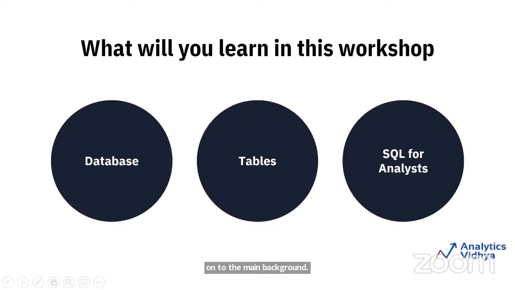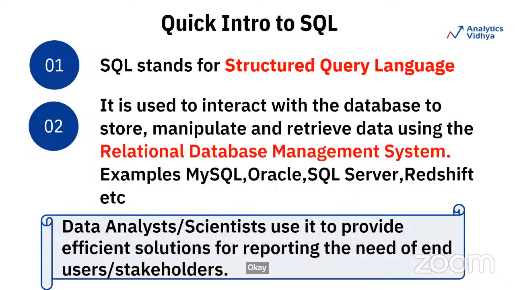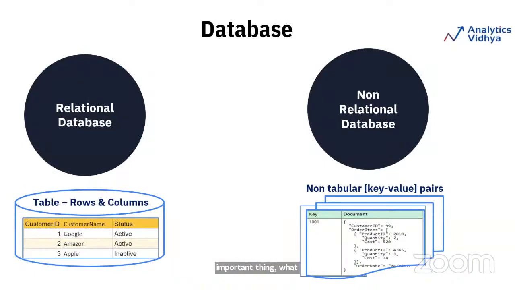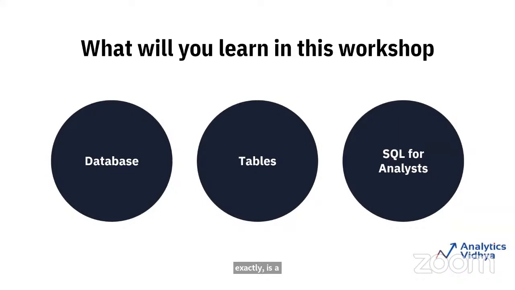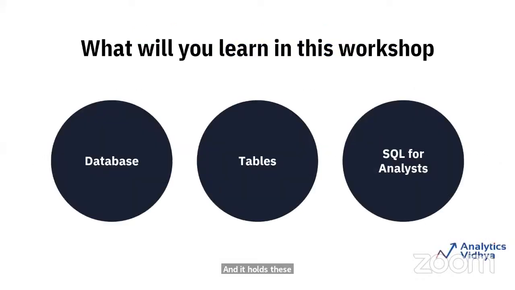Okay, so today, the first and foremost and most important thing: what exactly is a database? A database is basically like a container, and it holds tables. For example, let's say you are shopping on Amazon, then there are a couple of different tables involved in it.